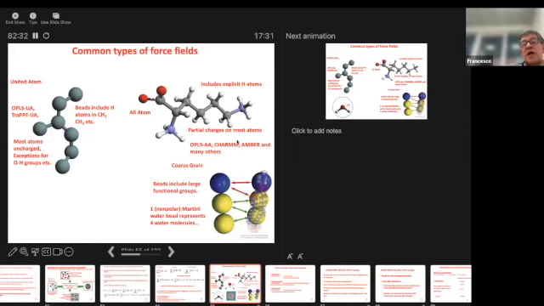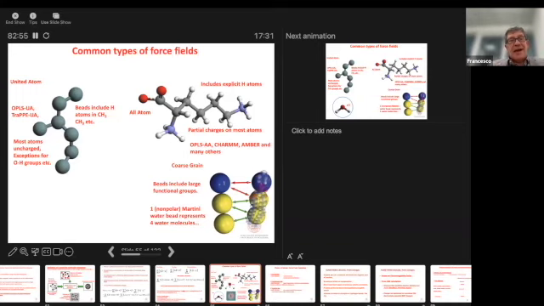Okay, so we have approaches that describe proteins, approaches that describe organic molecules, approaches that describe materials, and each one of them covers a part, while ab initio or quantum chemistry covers the whole of chemistry.